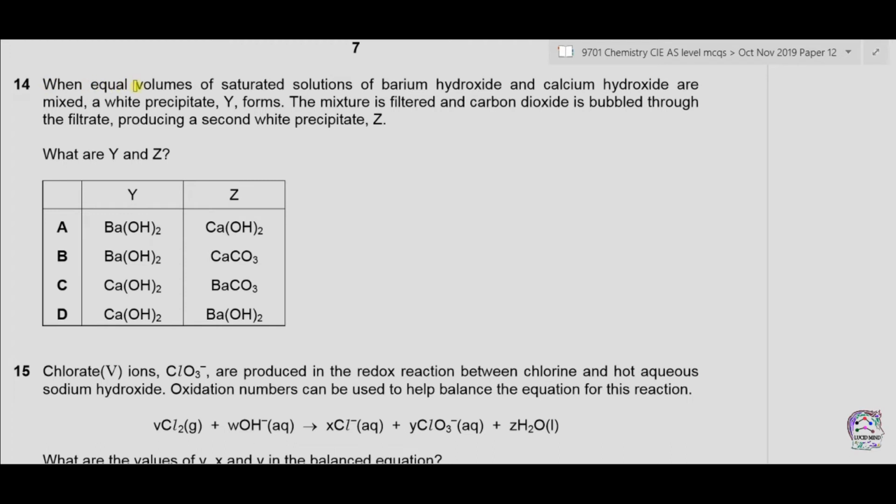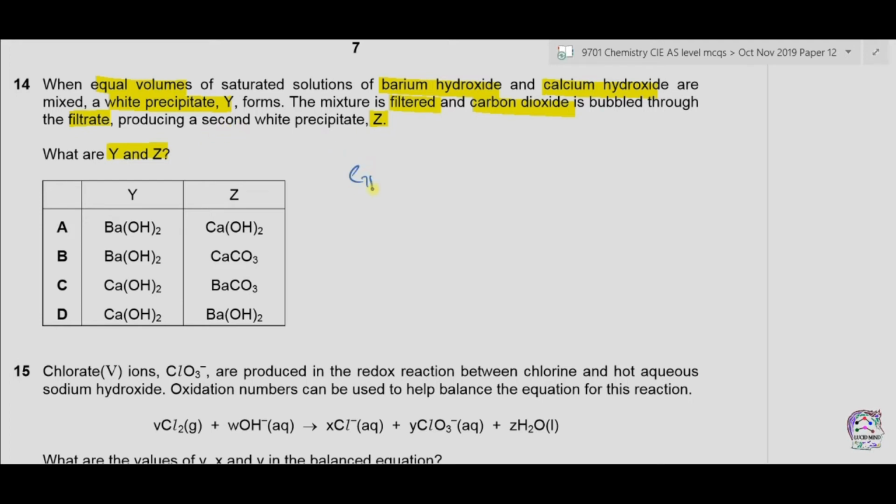Question 14. When equal volumes of saturated solutions of barium hydroxide and calcium hydroxide are mixed, a white precipitate Y forms. The mixture is filtered and carbon dioxide is bubbled through the filtrate, producing a second white precipitate Z. What are Y and Z?